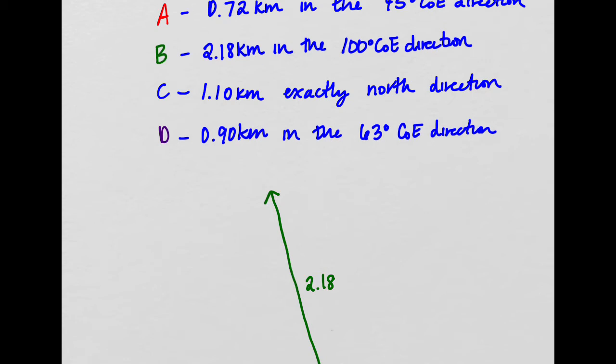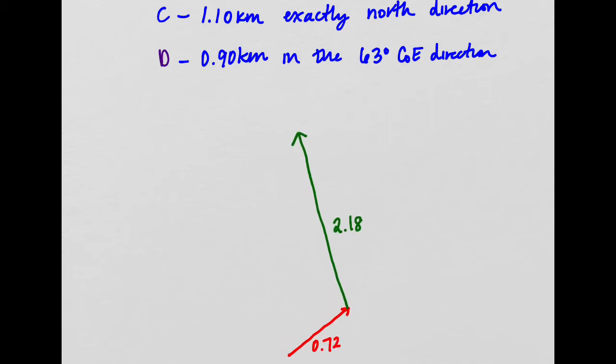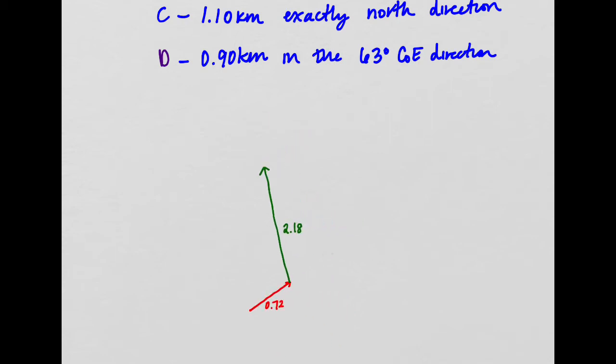Then we're going to go 1.1 kilometers in the exactly north direction. Make this smaller. Okay, we're in blue. So we're going to go exactly north for 1.0.